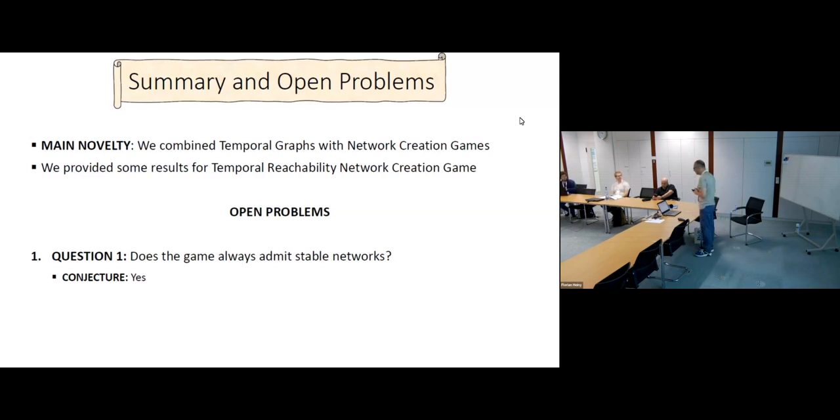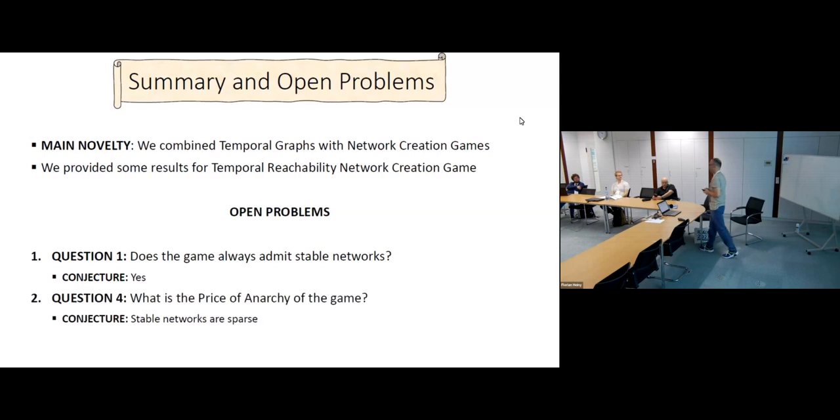We conjecture that the answer to this question is yes, but so far we didn't manage to find a proof, even for the case of temporal host graphs with lifetime 3. Then there are open problems related to the bounds to the price of anarchy of the game, because we proved upper and lower bounds that are not matching.